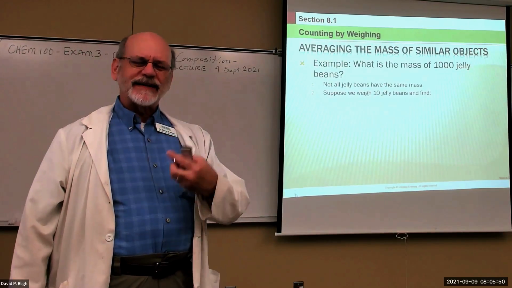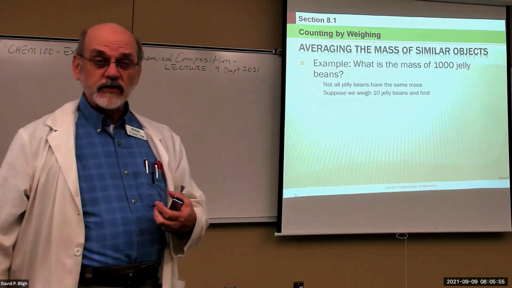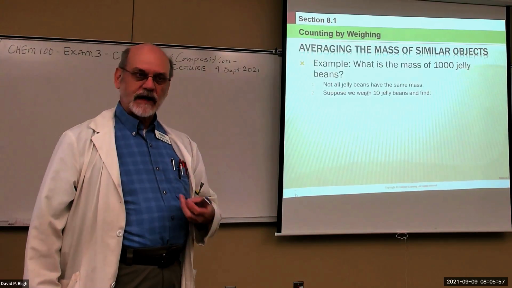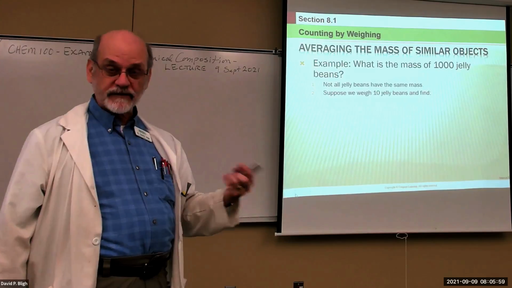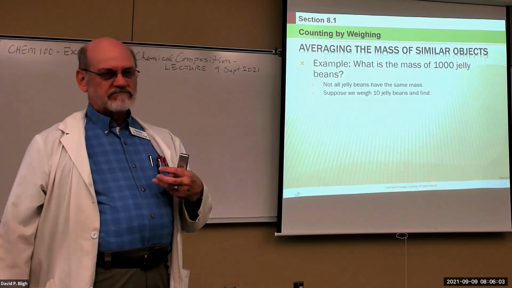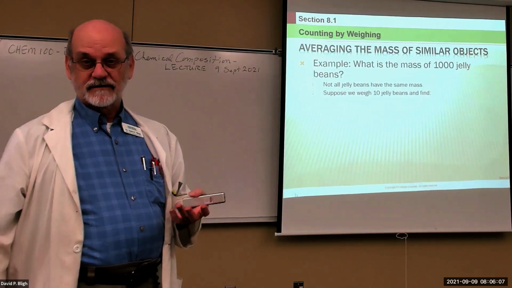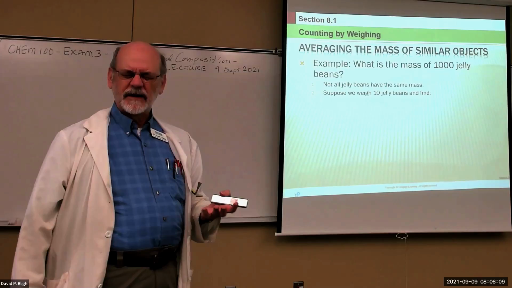So we want to find out the average mass of a jelly bean. Well, you could take the 1,000 jelly beans and just weigh them and divide by 1,000. But suppose you have 50 billion jelly beans. You can't do that.